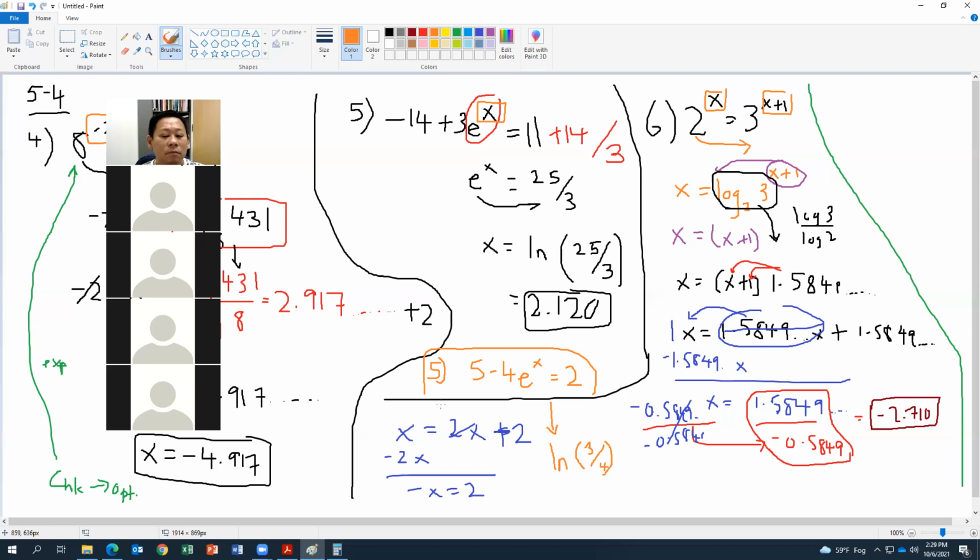Isn't it negative? Negative 3/4. Oh no, I divided it. I did negative 5, which makes negative 3, and I divided by negative 4, which makes it positive.